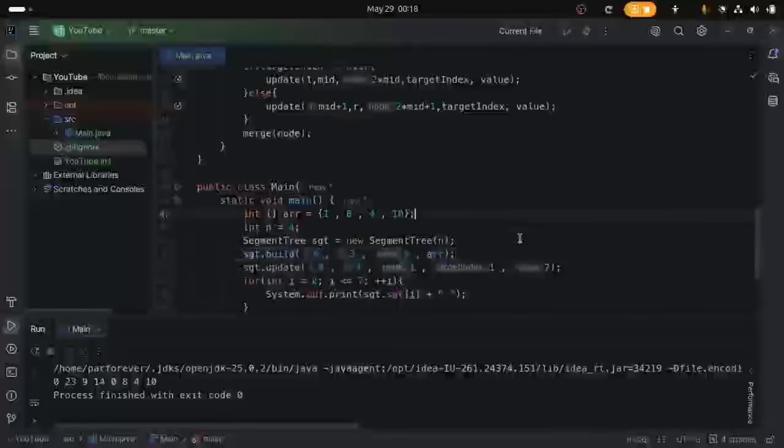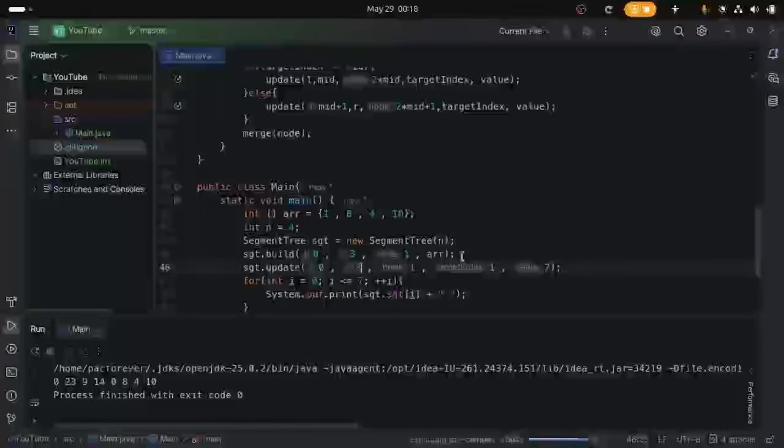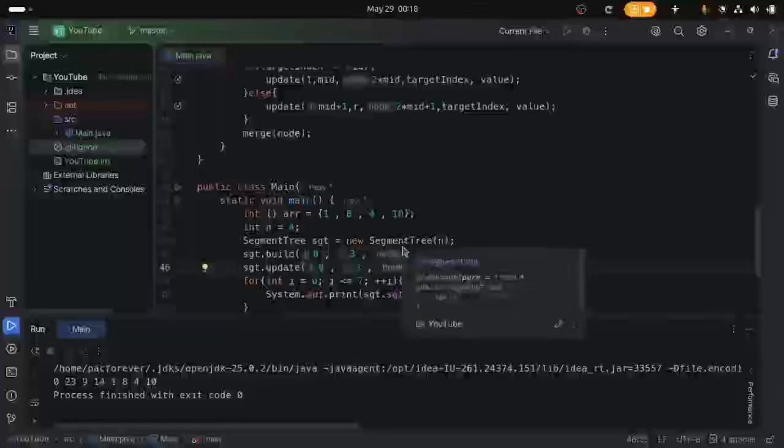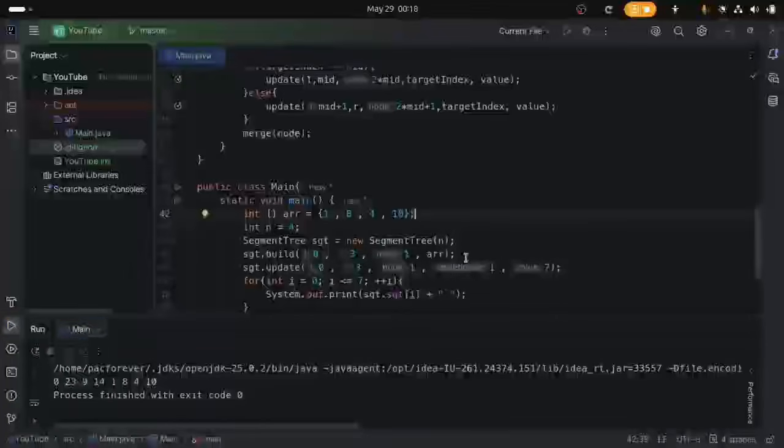I built a segment tree over here. Okay, so this is the mistake. Fine, this thing's not correct, but my value didn't get updated. Why is this happening?